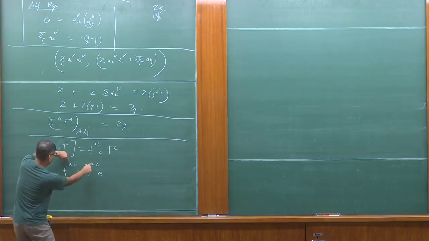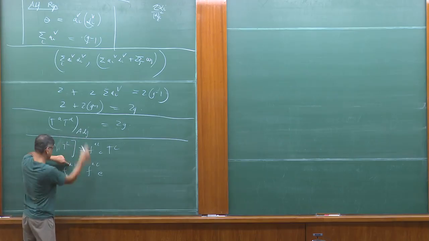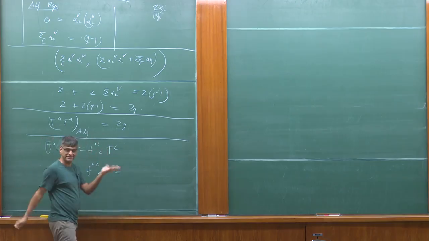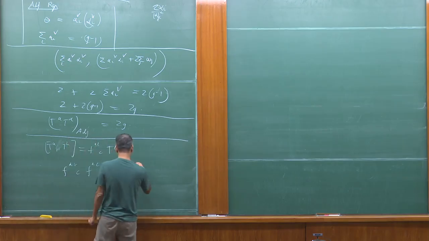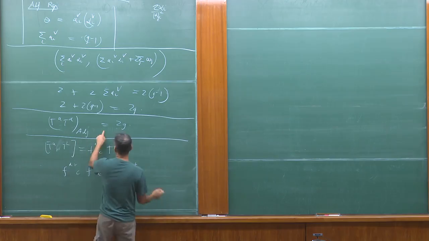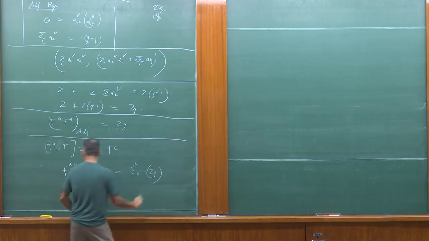Because these indices A and C are summed, and these are the matrix indices. So this has to be proportional to the identity, that's the first thing. But the identity is delta BC. And then it's identity times this number, so 2g.